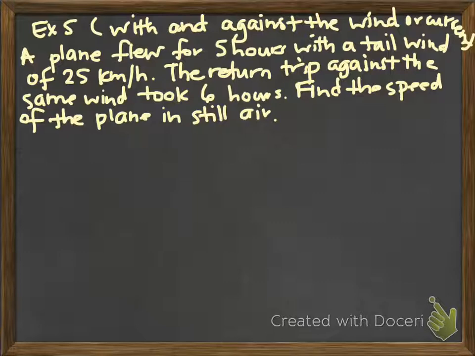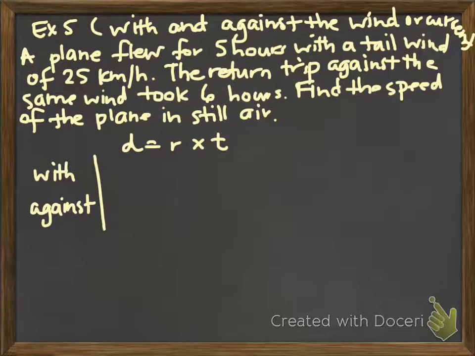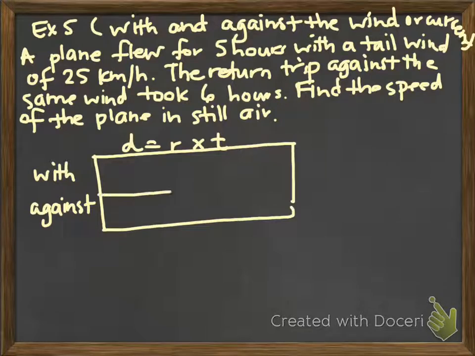So on this one, you're going to have to set up a distance equals rate times time table. So distance equals rate times time. Okay, we have with the wind and then we have against the wind. Okay, so with the wind, it took 5 hours.